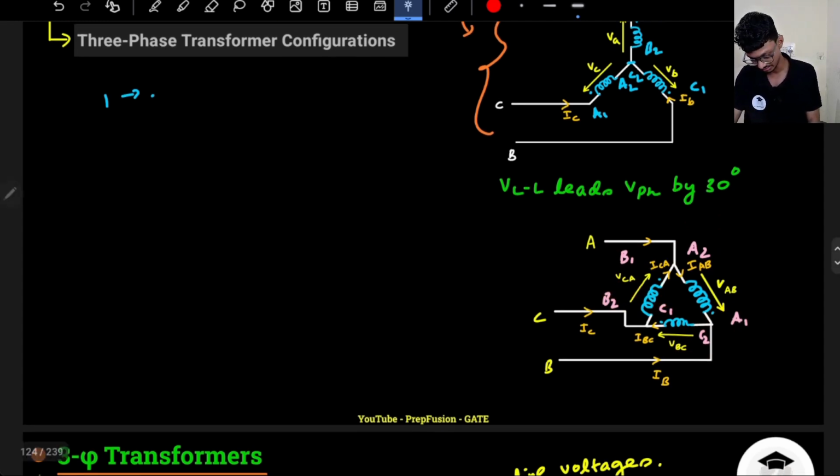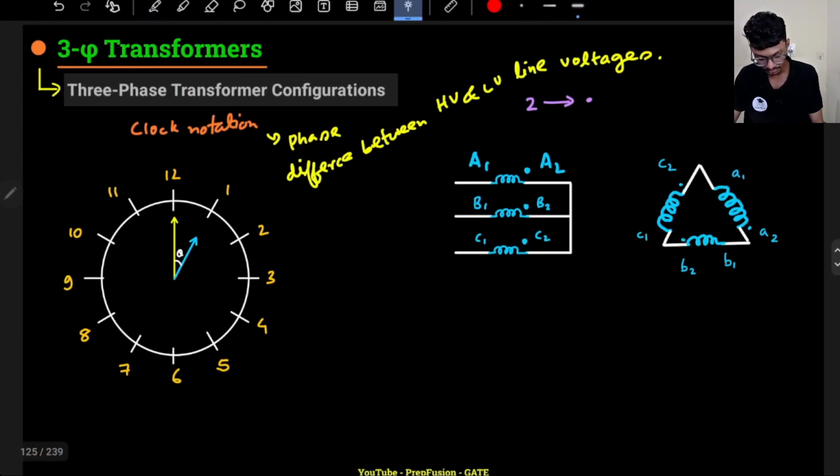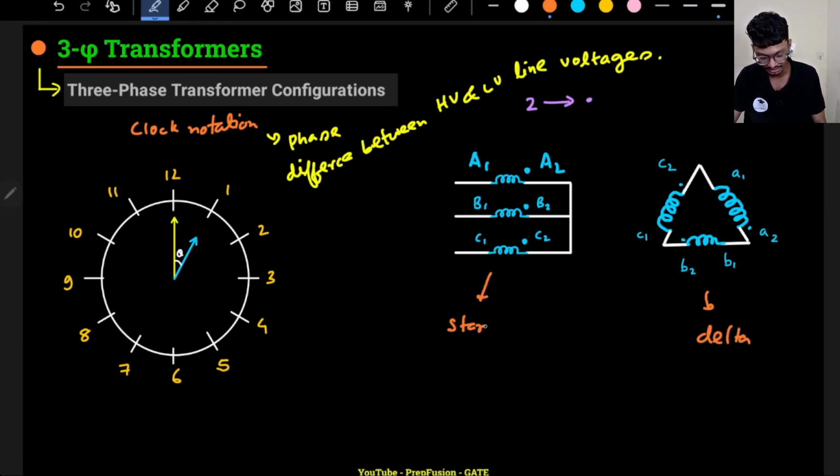So if C2 and A1 are connected, A2 and B1 are connected, and B2 and C1 are connected, this is a delta connection. From this connection diagram, I can at least identify that it is a star delta transformer, because A is the capital term, that means star side is the high voltage side, so it will be a capital YD transformer.